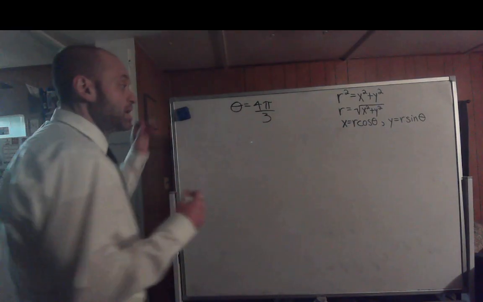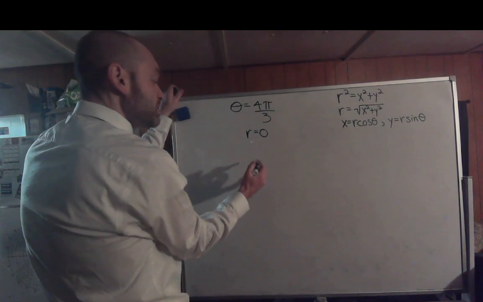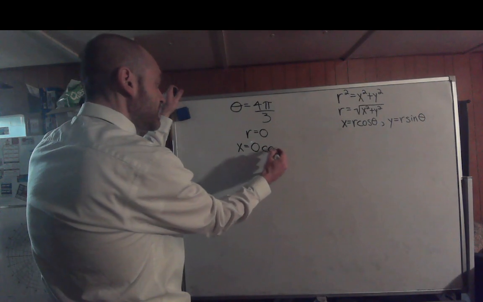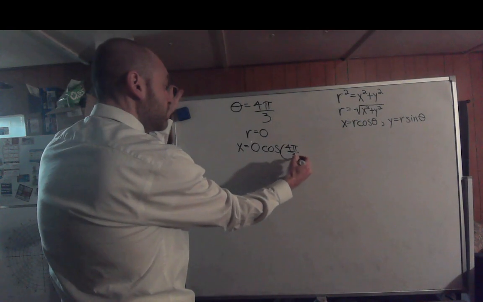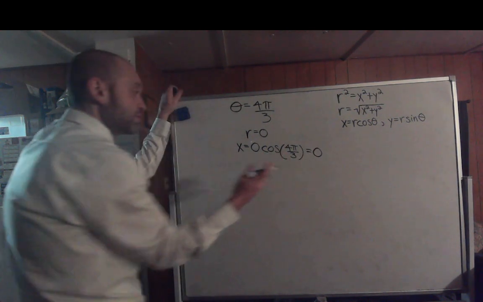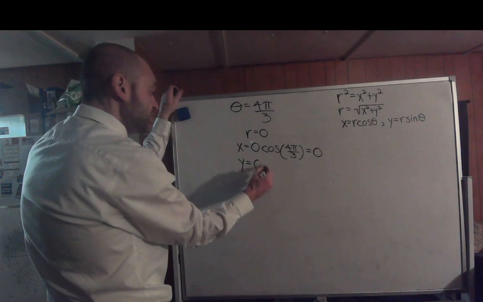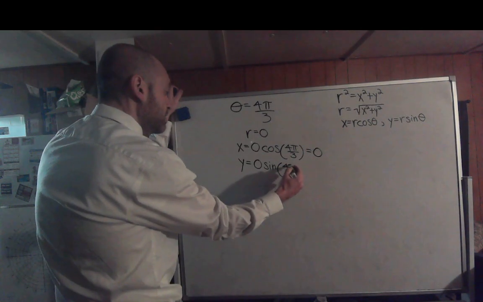So let's start with radius equals 0. So x equals 0 times the cosine of 4 pi over 3, well, 0 times anything is just 0. You'll get an x-coordinate of 0. Then y equals that radius of 0 times the sine of 4 pi over 3.